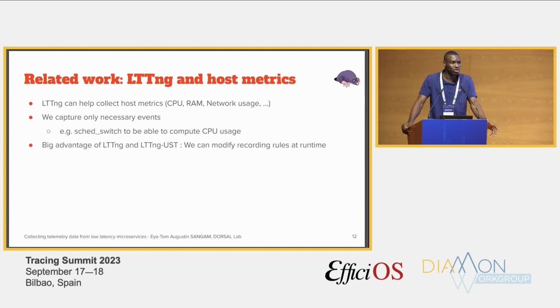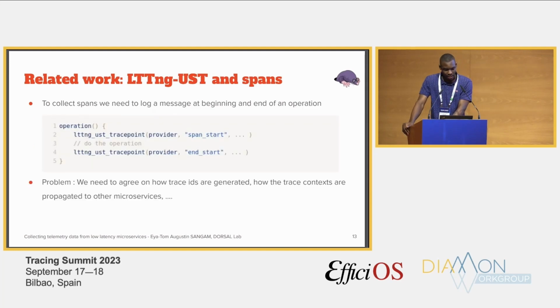Let's suppose you want to compute the CPU usage, you can just record all the scheduler events, and then having all the threads running on CPUs, you can exactly compute the CPU usage. So one big advantage of LTTng is that you can change recording rules at runtime. This is a big plus there.